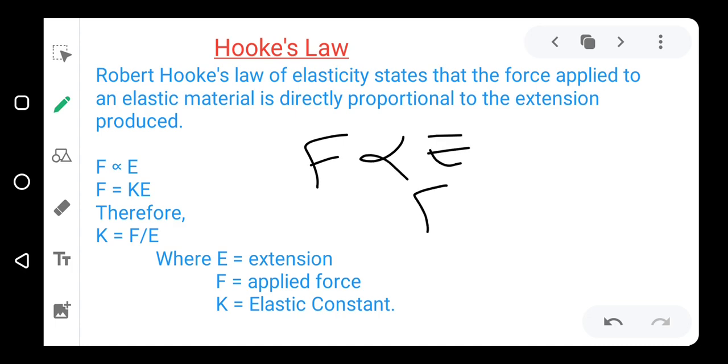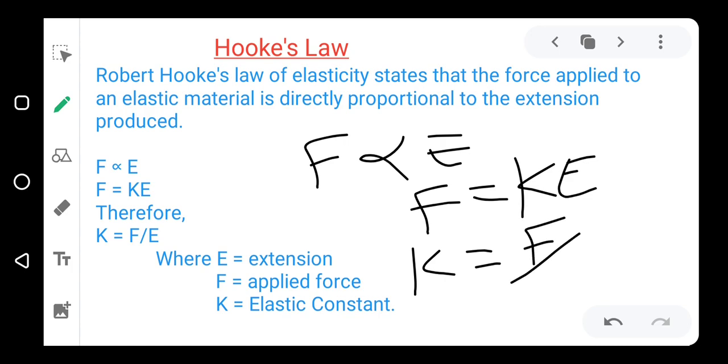If we clear the sign of proportionality and put an equality sign, force is now equal to a constant K times extension, E. If we want to make K stand alone, we find that K, the constant, is equal to force over extension, F over E. Now this K is called the elastic constant.